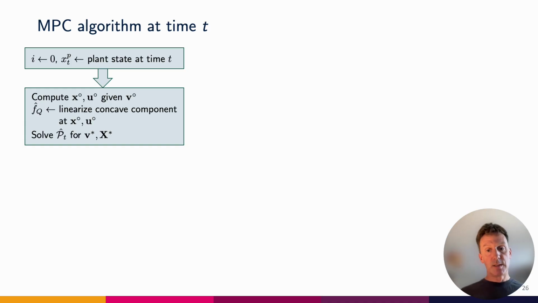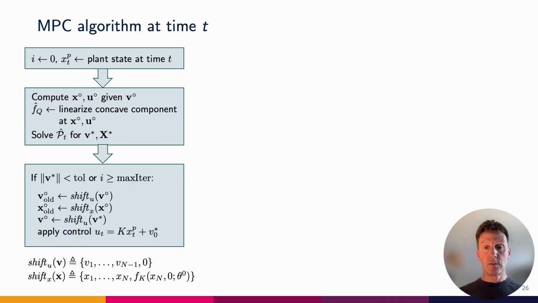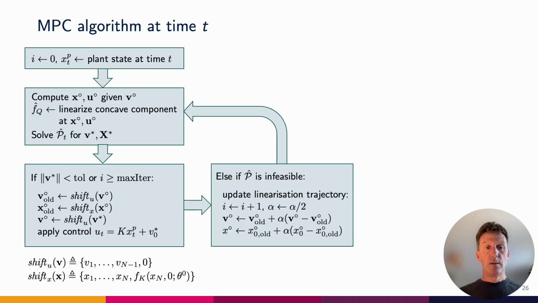Each iteration at each discrete time step starts with linearizing the concave model component around a nominal trajectory. We continue to iterate until the change in the control sequence is small enough or the maximum number of iterations is reached. But if the convex subproblem is infeasible, then we use a line search approach to update the linearization trajectory. So in this case, we keep a copy of a previous nominal model trajectory, which we know generates a feasible set of constraints.